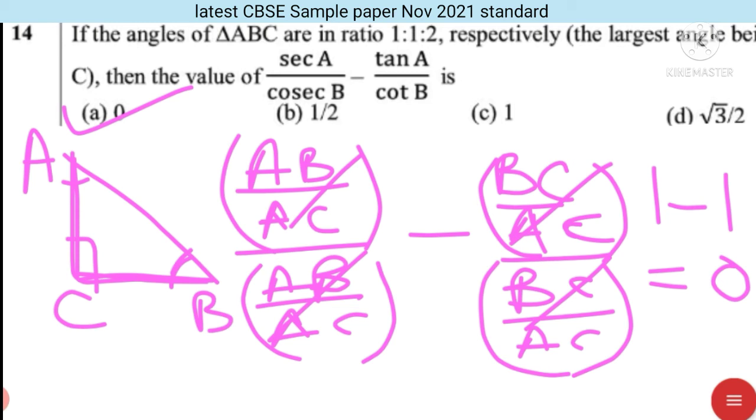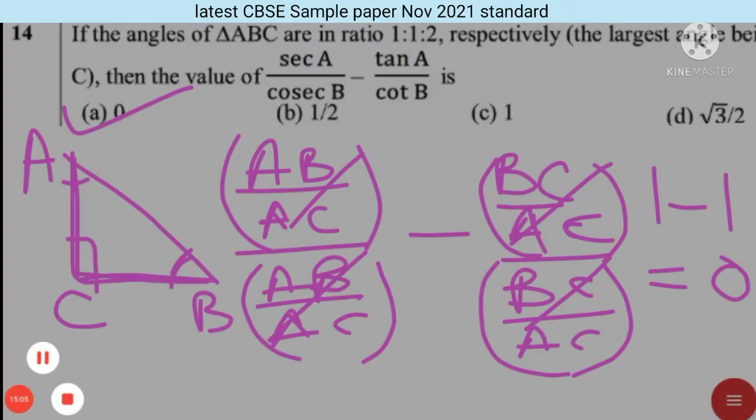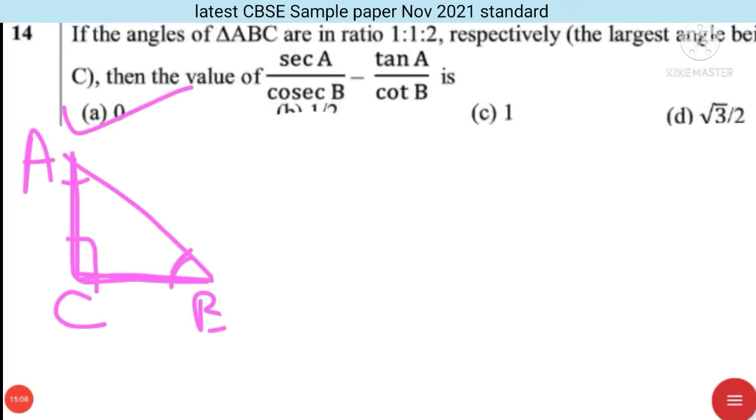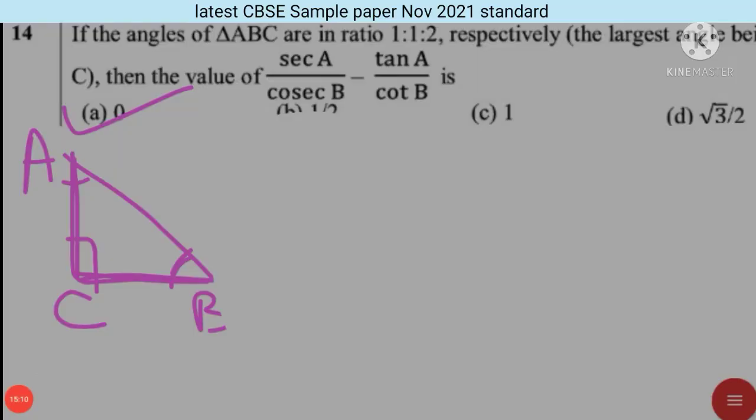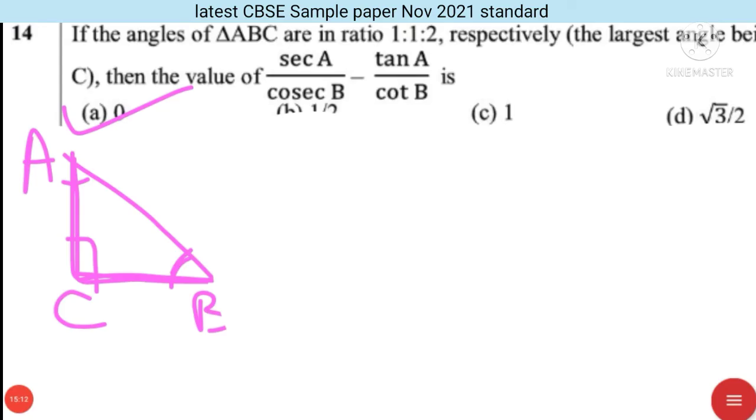Now this time in your syllabus complementary angles are not there. If you use complementary angles, this question becomes even easier. Let's see how. Secant A can be written as cosec of 90 minus A, right?